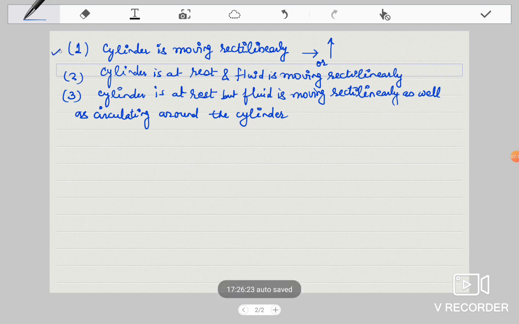So first of all, I am considering this case. Case 1: the cylinder is moving rectilinearly.